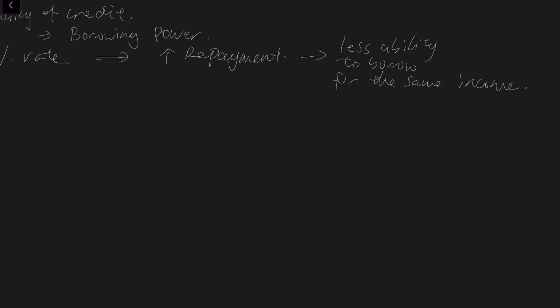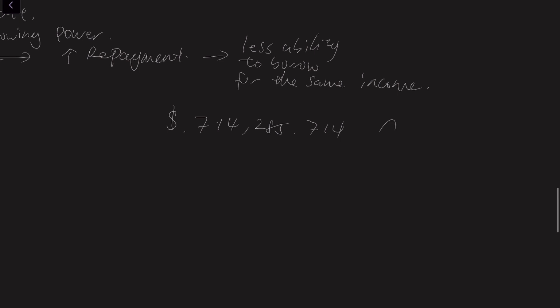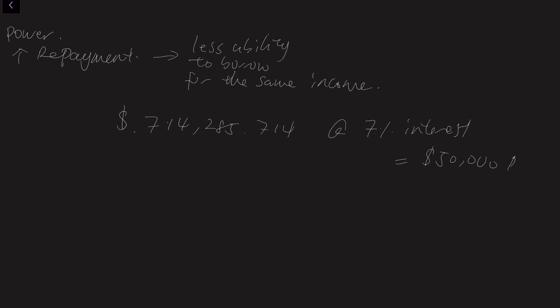So when interest rate is 7%, and you are only able to repay, let's say, $50,000 of income, then you can only borrow $714,000, because at a 7% interest, this corresponds to $50,000 per year of interest.